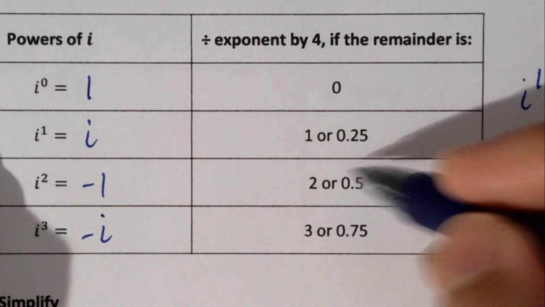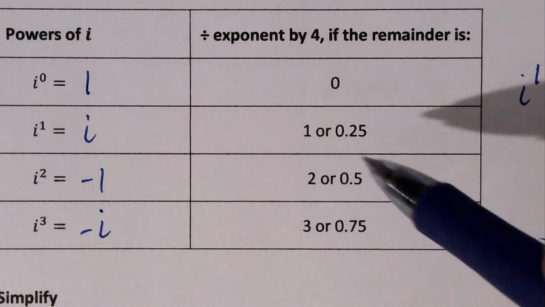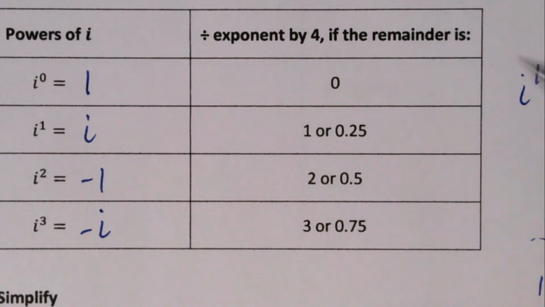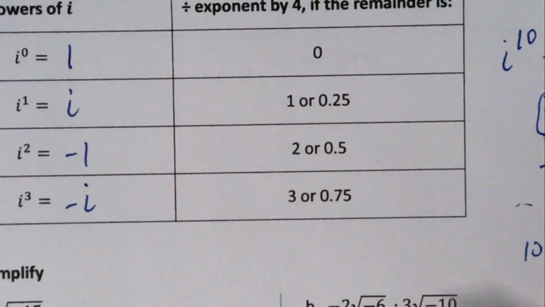Now, what is this 0.25 business, 0.5 business? Well, most people really don't remember how to do remainders. Long division has not been practiced very much because of the calculator. So what we do is just look at the decimal part. Let me do an example.